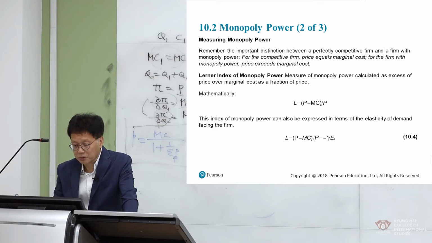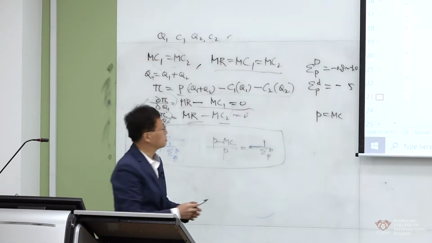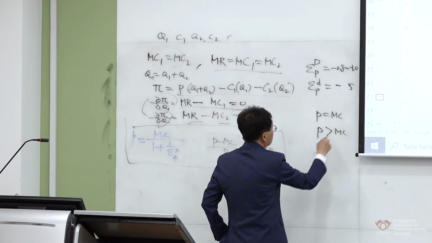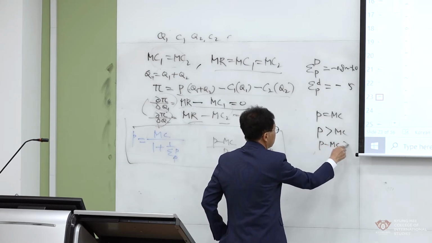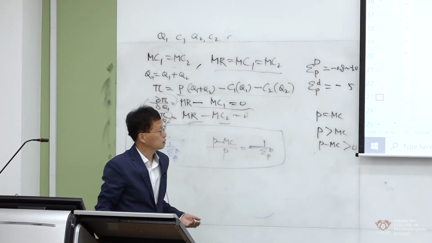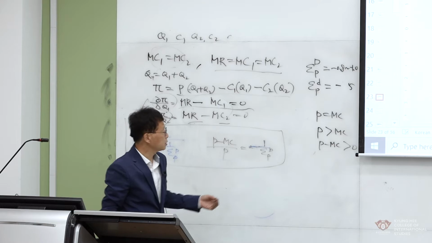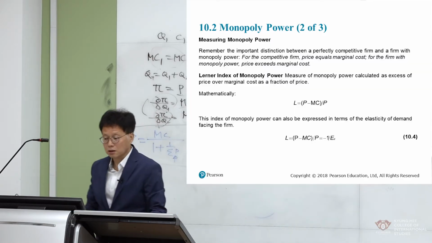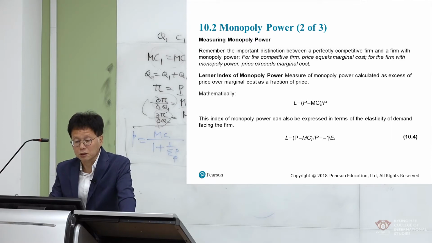For the firm with monopoly power, price exceeds marginal cost, or P minus MC is higher than 0. The ability to charge a higher price than marginal cost is a measurement of monopoly power.